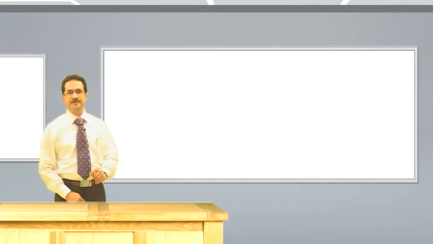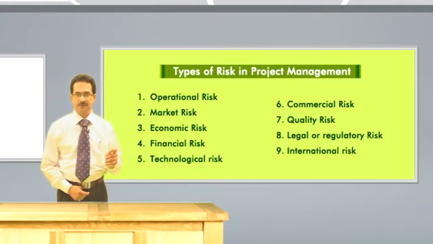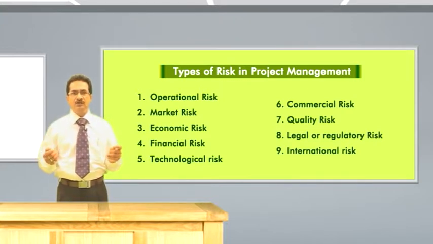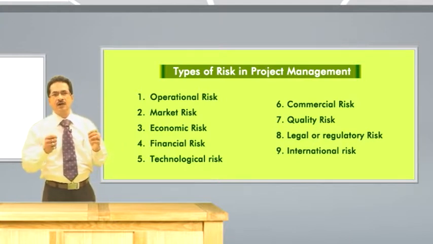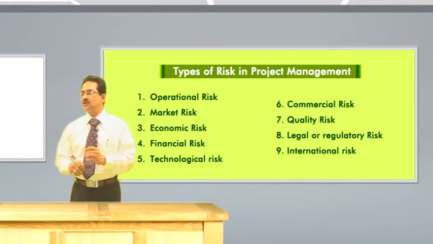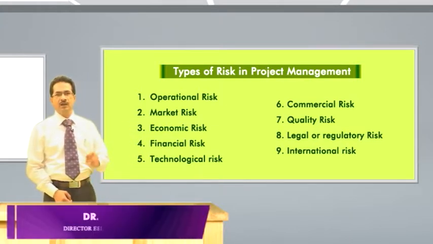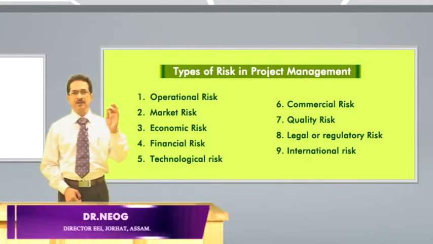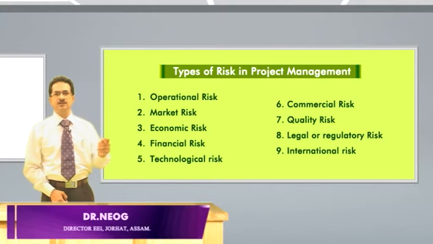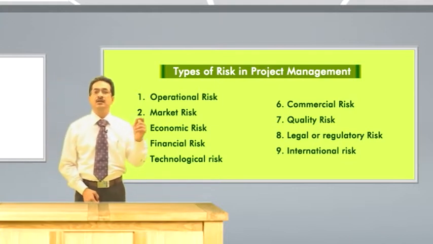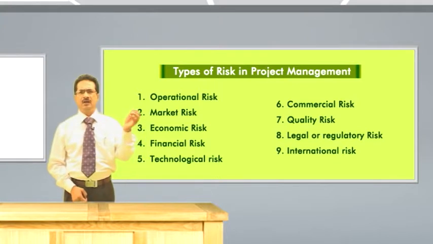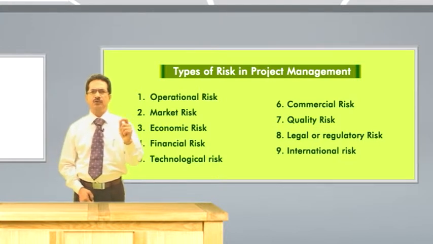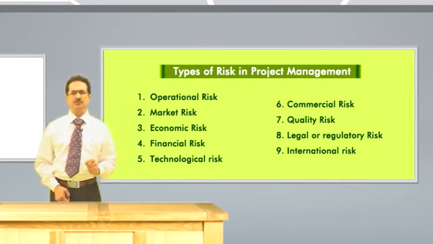Now we will learn different types of risks in project management, and there are several classifications of risks. However, we will discuss some of the most common types of risks, and one of them is operational risks, which include breakdown of machines, variation in efficiency due to variation in supply or availability of raw materials, and also shortfall or excess in availability of service.